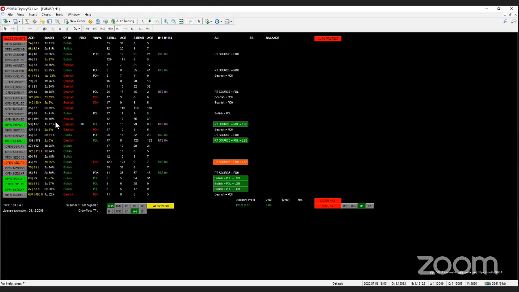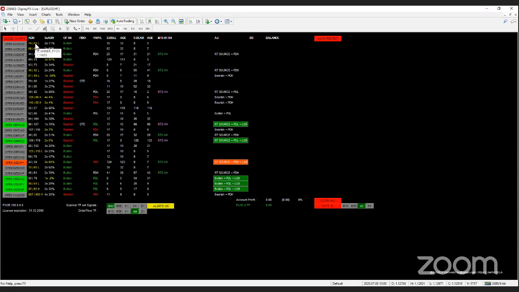Right here from the dashboard, before we look at this AUD, let me explain what's going on here. So we have the ADR. I've already detailed how we can determine if the ADR has exceeded its ADR value. Well, from the dashboard, you can easily see that as well. 74 over 60.